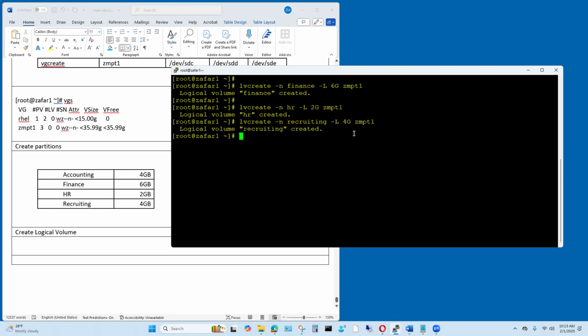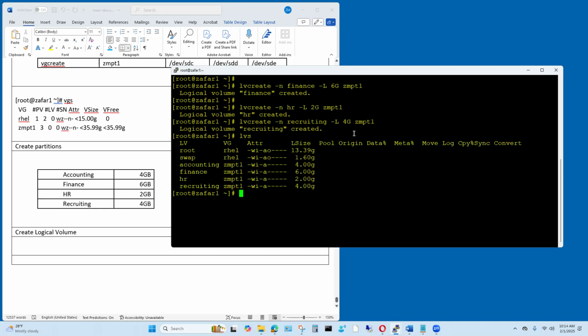Now, if we do LVS, logical volume show, it has all this stuff here. But if you don't want to see all that, what you could do is LVS ZMPT1.